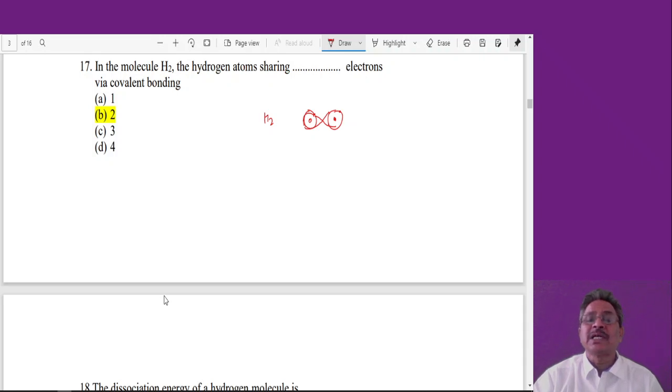Both of these electrons are shared equally by both of these two atoms, and therefore the H2 bond is formed, and the number of electrons required there to have stability of the first orbit is 2, and therefore 2 is the correct answer of this question number 17. So in the molecule H2, the hydrogen atoms share 2 electrons via covalent bonding, such a covalent bond gets formed, and there is stability to this hydrogen molecule, and that is a very nice case of covalent bonding.